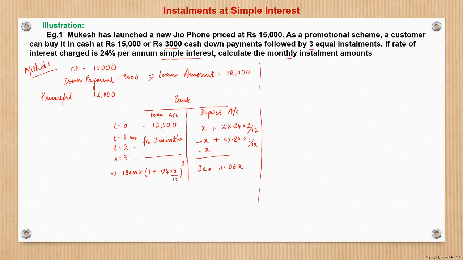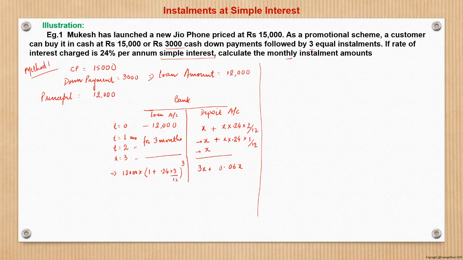And now these two should be equal. So if we equate these two, because now see why it should be equal, because the bank has given a loan of 12,000. For that it is asking the customer to deposit x amount for 3 periods.